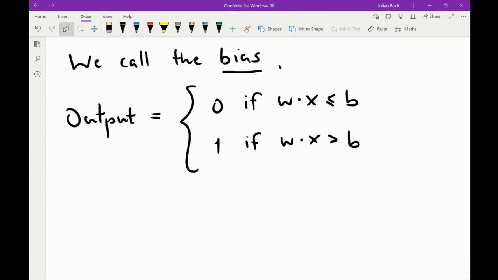Rather than using a positive number for this, we'll use a negative number, so that when we move it over to the other side, it's positive. Well, it'll be a plus sign. Here's what I mean.